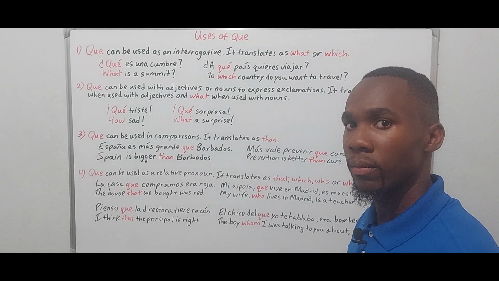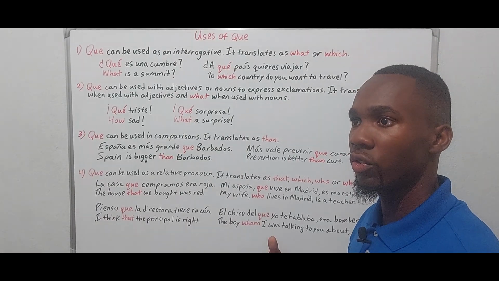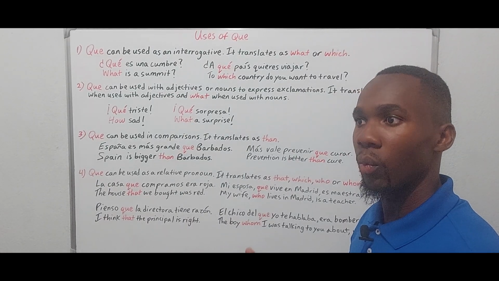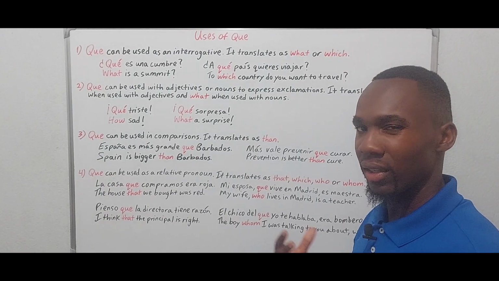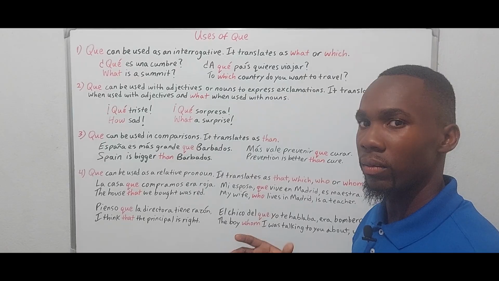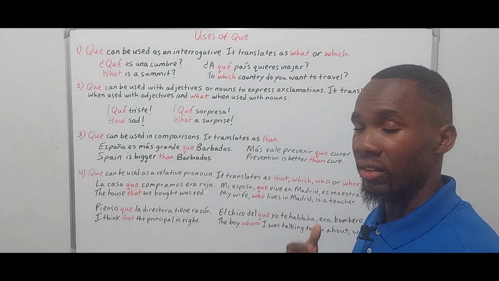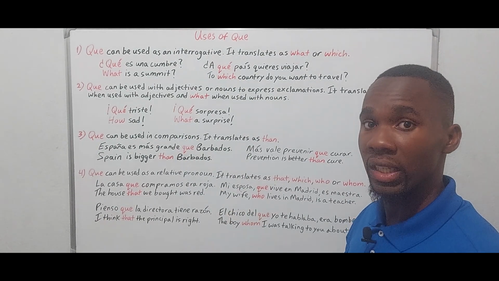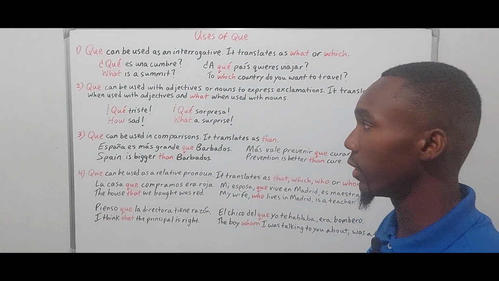We can't say Jorge wants to know that which country you are in exactly. So that is a good test that you can administer to discover which que you need. So que can also be used for indirect questions.